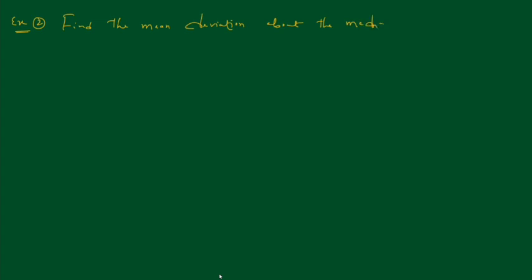Here, median they are asking. For that also we have the formula. Find the mean deviation about the median for the following data: 3, 9, 5, 3, 12, 10, 18, 4, 7, 19 and 21.